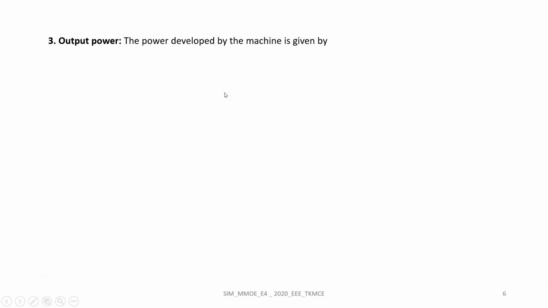So the next point is output power. The power developed by the synchronous machine is given by P equals 3 E0 V by Xs into sine delta. So from here it is clear that power is inversely proportional to Xs. If power is inversely proportional to Xs, power is directly proportional to SCR.